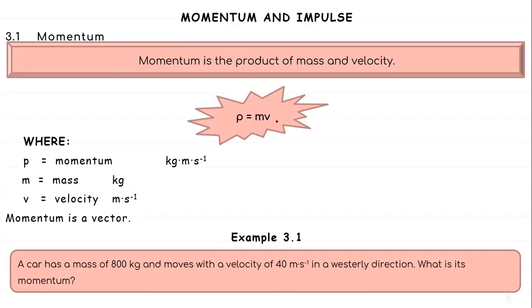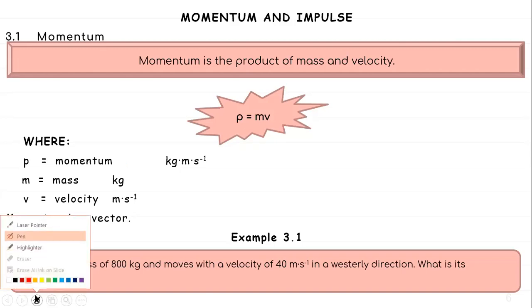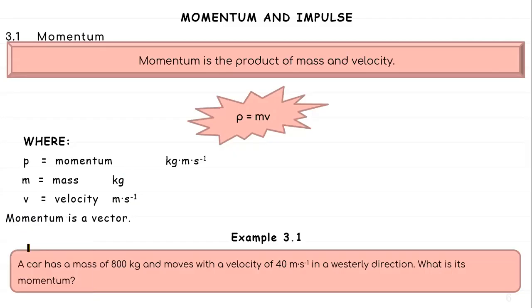Now, what does this mean, my dear learners? The p there stands for the momentum, and the unit for momentum is kilograms dot meter per second. And the dot there, my dear learners, it has to be there.